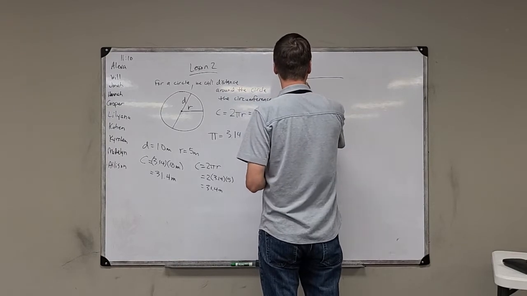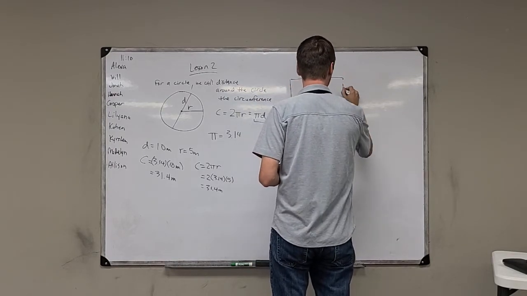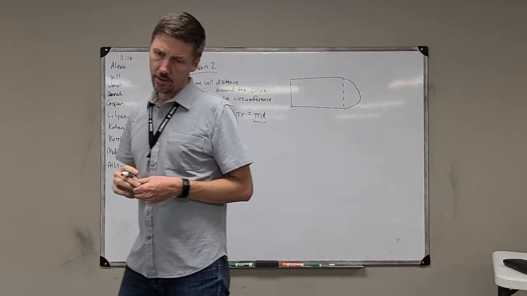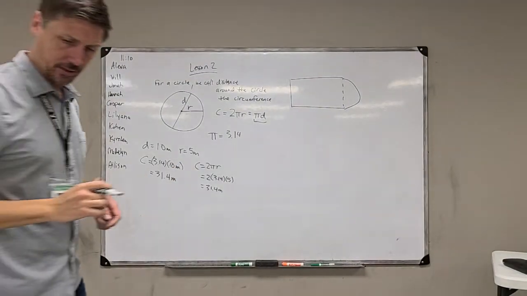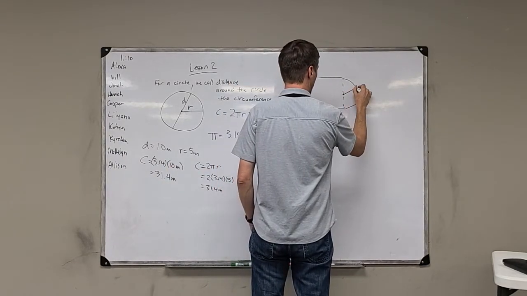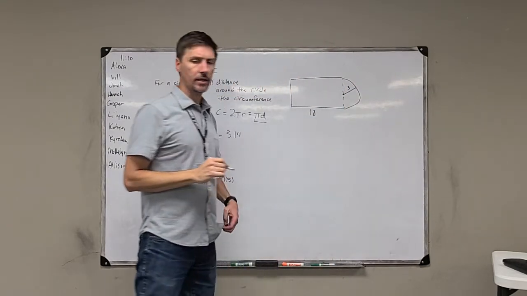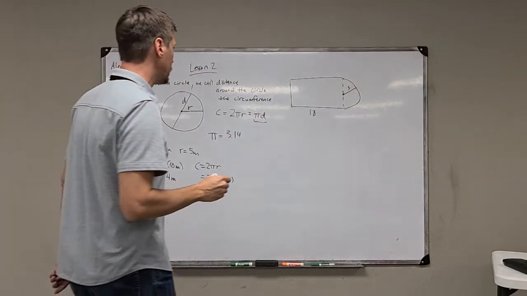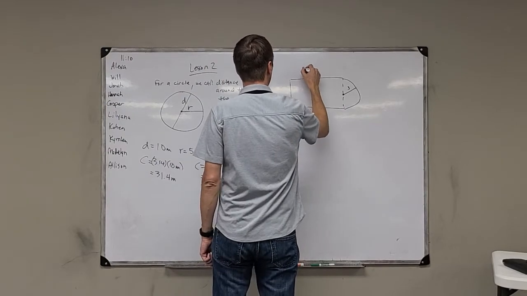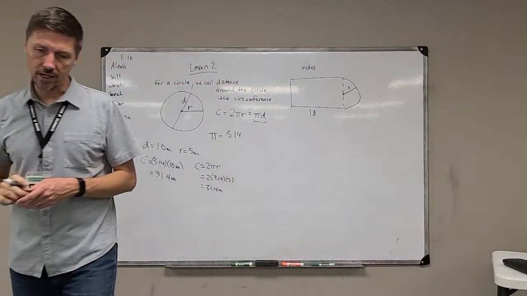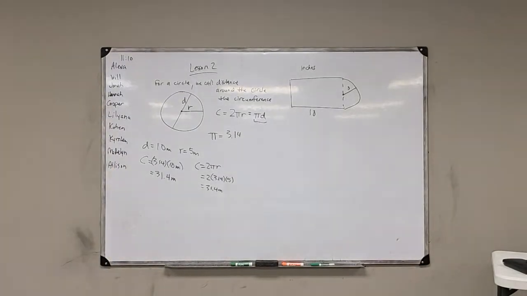If I have a figure that looks like this, and they tell me that the length of this side is 10, and that we've got a length of 3 there, and they say that the dimensions are in inches. So inches are the units that we're going to use, and they ask us to find the perimeter of this figure.